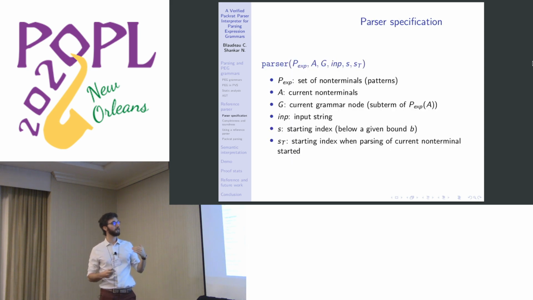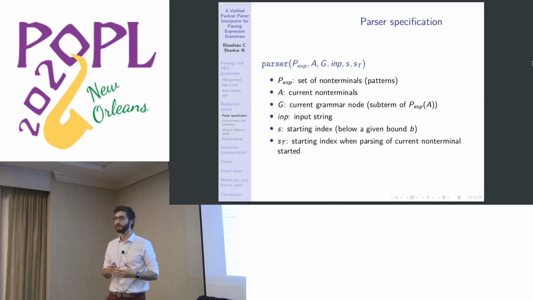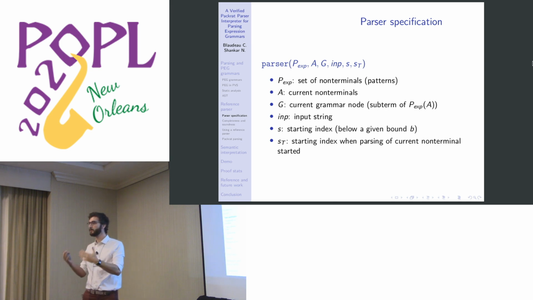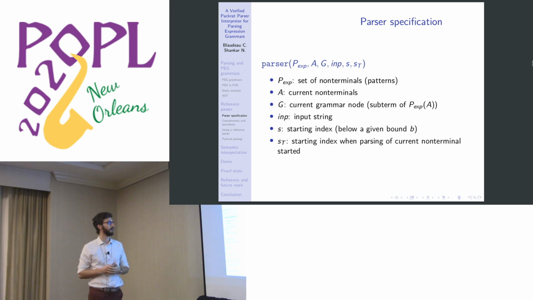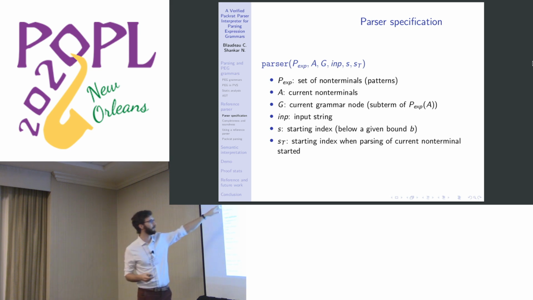Once you have this result, you may want to move on to the parser specification. So you know how to define the computational path of the parser. Let's take a look at exactly what a parser does. The parser, which is actually a parser interpreter, takes a bunch of arguments. The most important one is the set of non-terminals, that's the set of patterns you're going to look for.